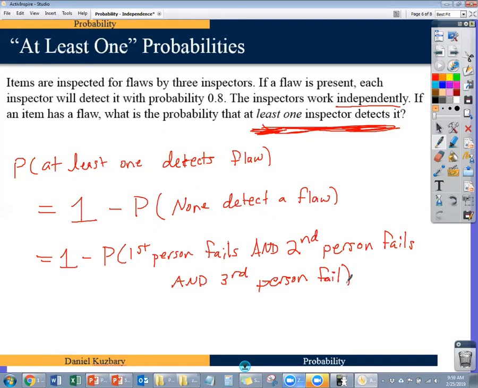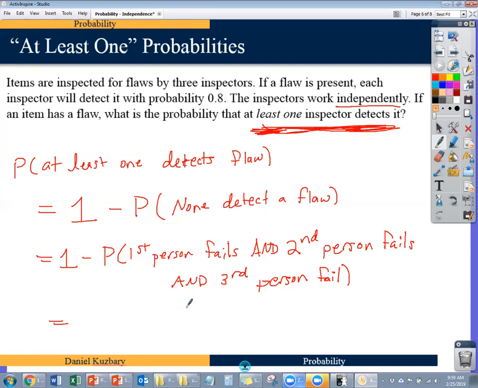What you need to be comfortable with as I'm working through this problem is how I got from this first line to this third line. We got the at least one finds the flaw, and then we did the 1 minus the complement trick. This is the complement. So this is at least one, this is none of them. And then I just rewrote this in this way. These are saying the exact same thing. None of them find a flaw, meaning the first person doesn't find it, the second person doesn't find it, and the third person. So there's ands here.